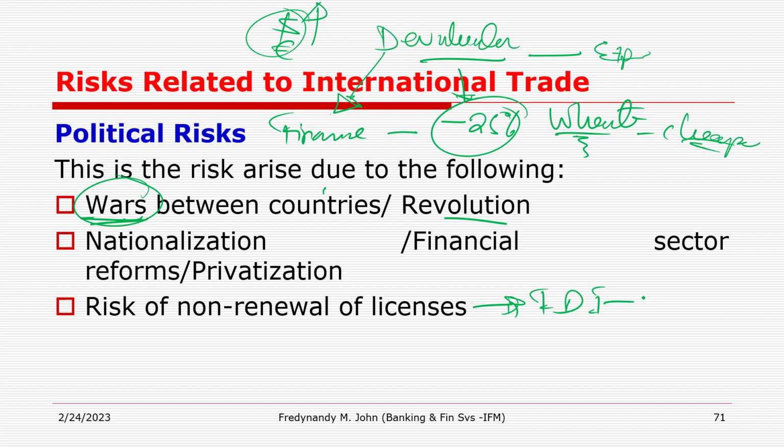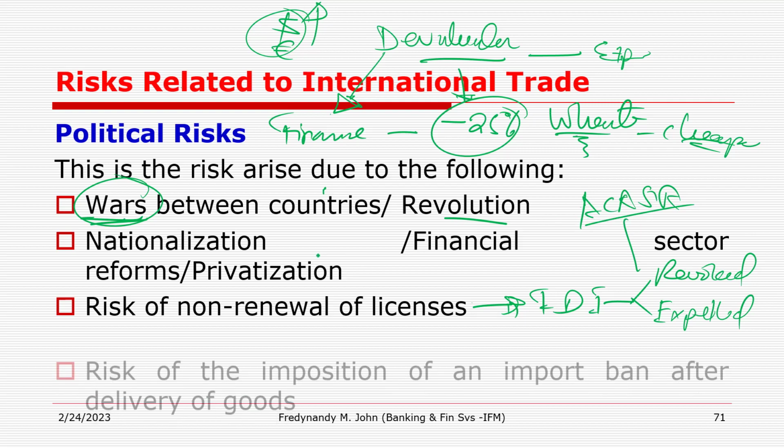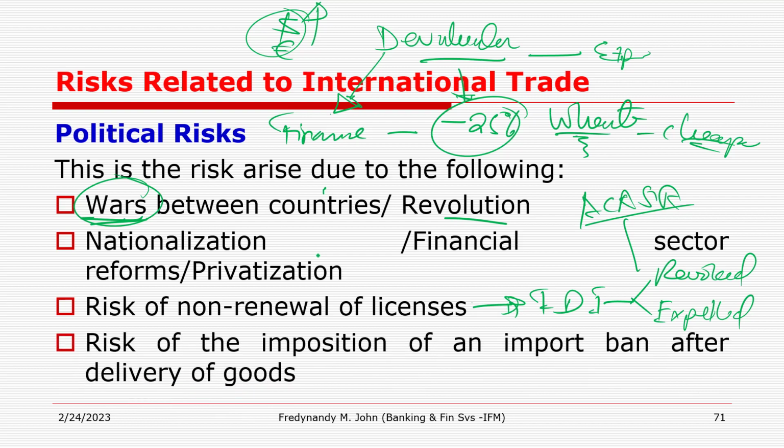Remember, some few years ago in our country, there were some mining companies whose licenses were revoked, and some were even expelled from our country. You guys must be familiar with Acacia. Okay. So this can be one of the reasons and a very good example of political risk.